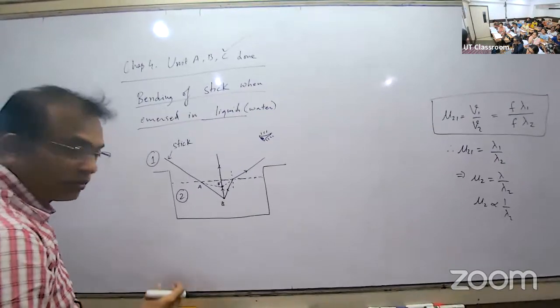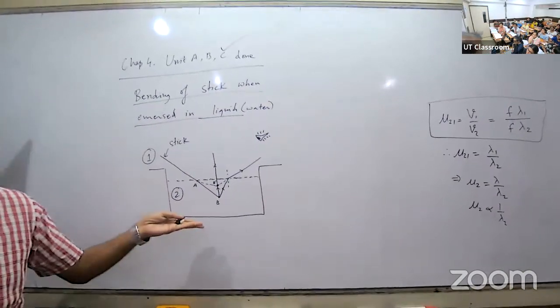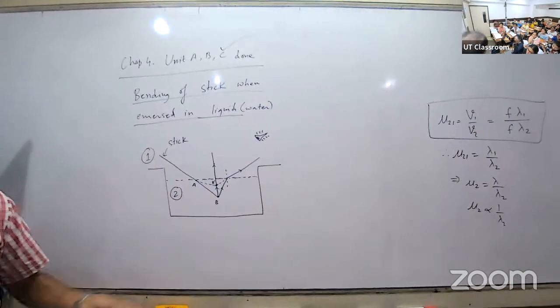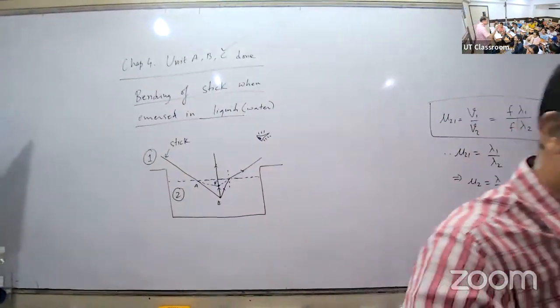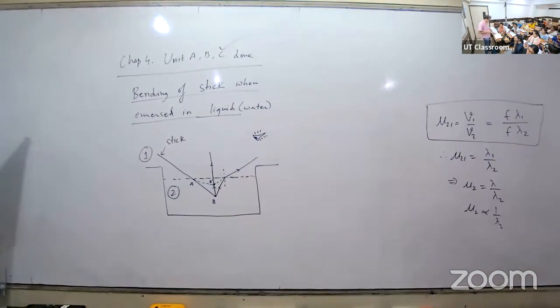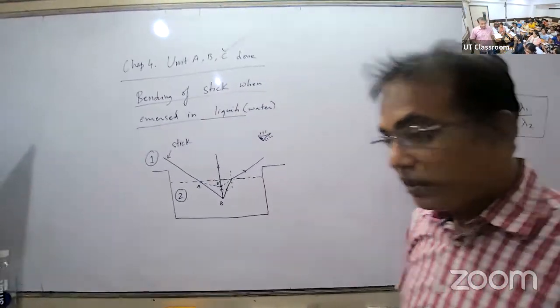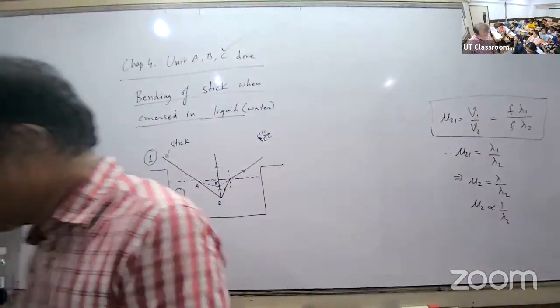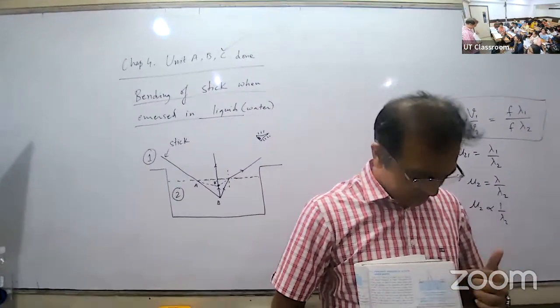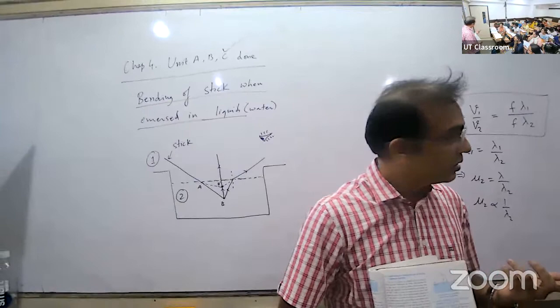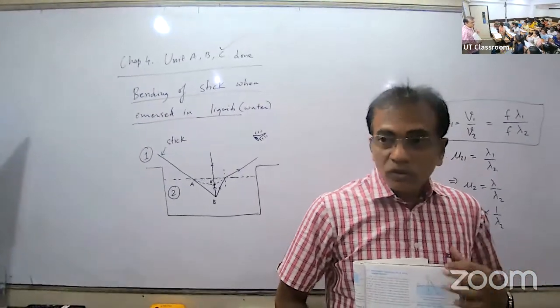So you should then be able to see the coin. This is very practical. You can do it at home. So this was the only topic left, which I had already explained at the beginning, when I discussed the application of refraction, and I also explained how a swimmer or a fish will see the tree. So it is that diagram.